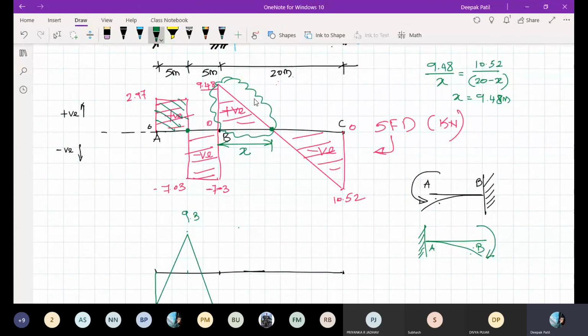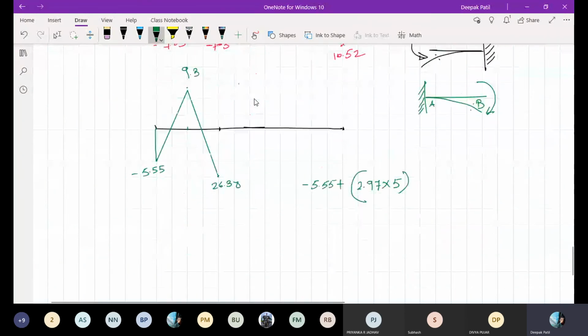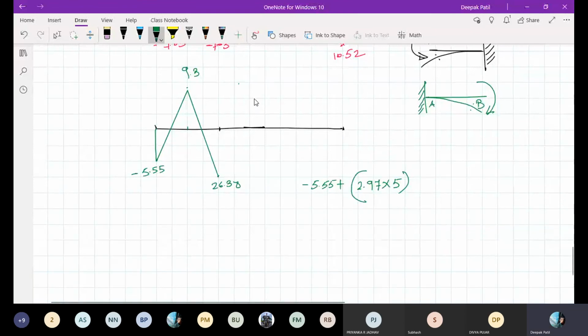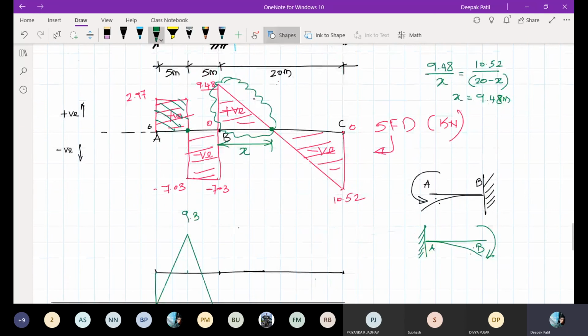you can easily find the bending moment at this point. So the bending moment at that point, let me just write here. This 26.38 you have to take now, minus 26.38. So should I add or deduct the shear force area? Add. Yes, add, because that is a positive shear force. Plus, you have to take this area now.